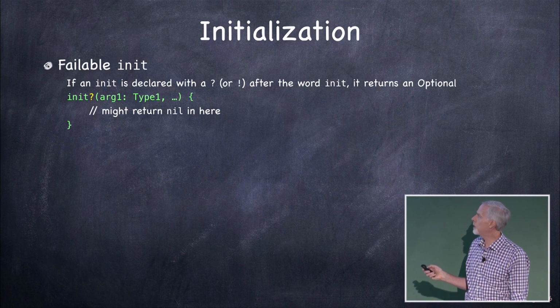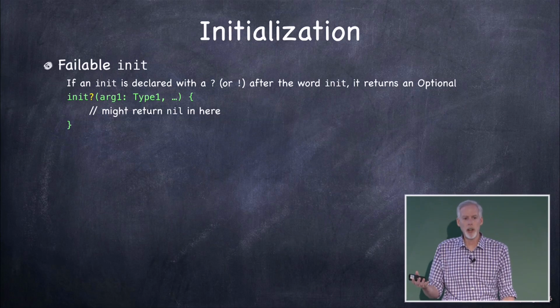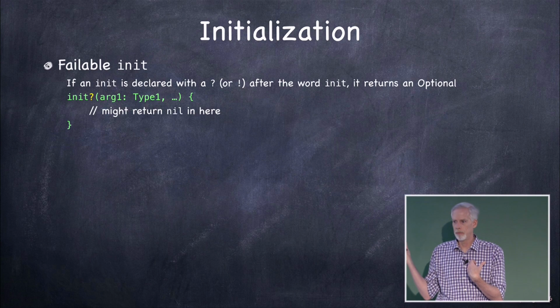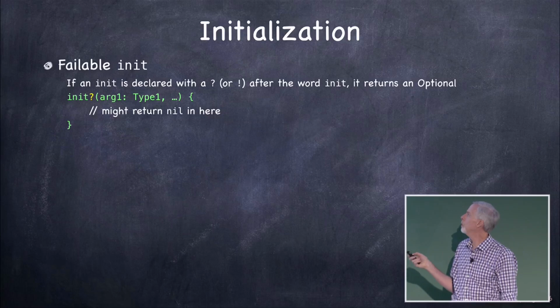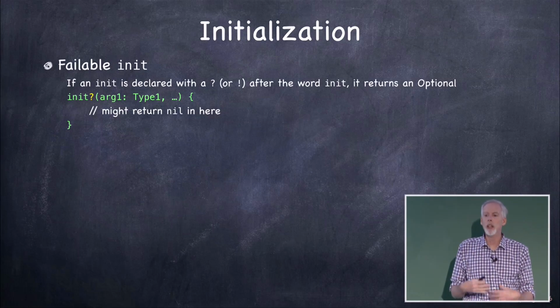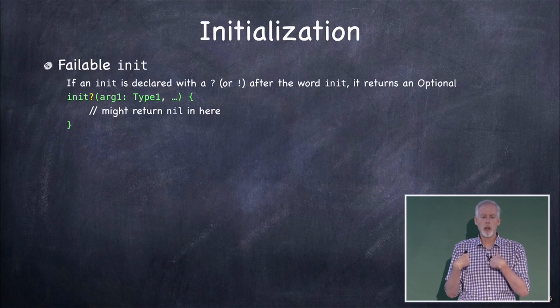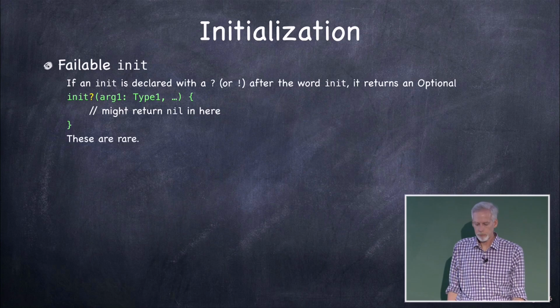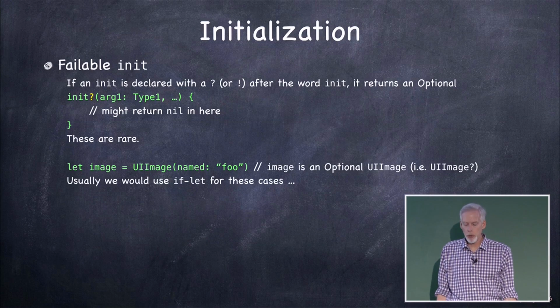If you put init question mark in there, that turns this initializer into the kind that will return an optional of this class, whatever it is. And to fail, you just return nil. Inside this initializer, if something goes wrong, return nil, and nil will come back to whoever's trying to get this thing. Make sense? Failable initializers are pretty rare.